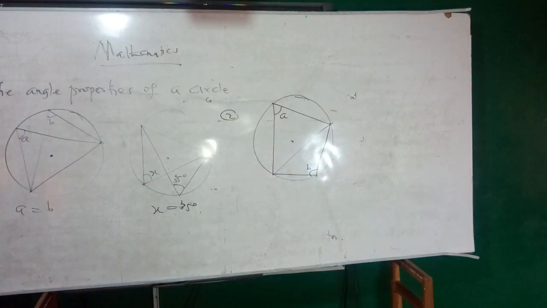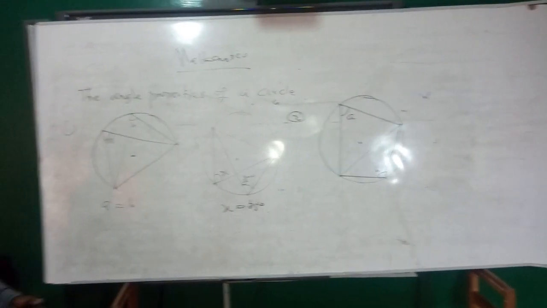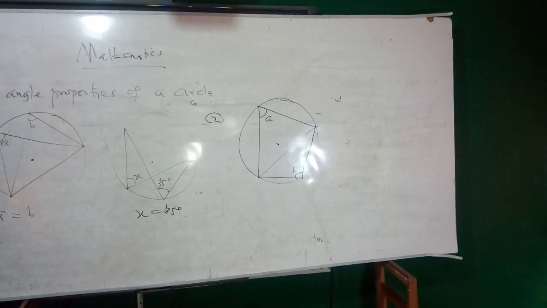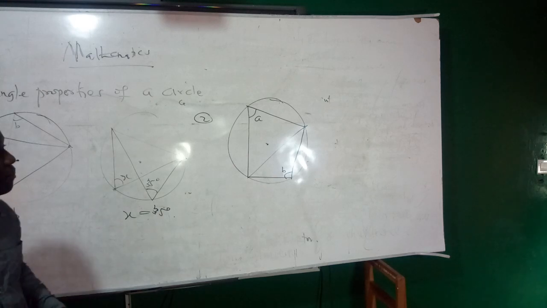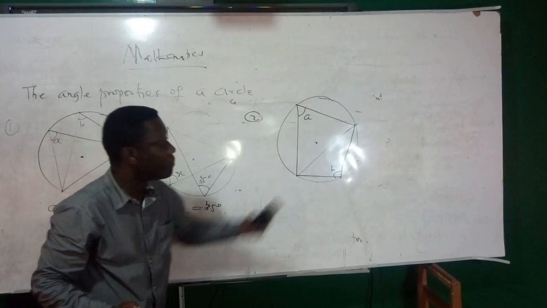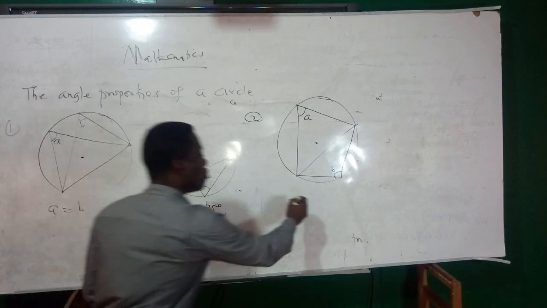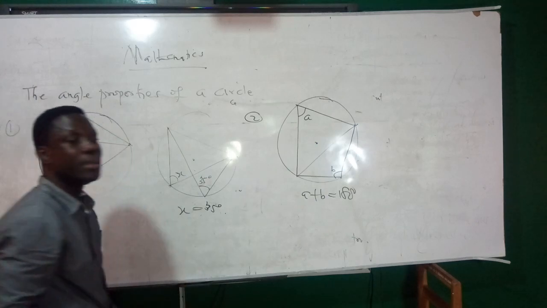Now this time, these two angles are not equal. But unlike the first one, the property is that we expect the sum of these two angles to be 180 degrees. So in short, A plus B equals 180 degrees.